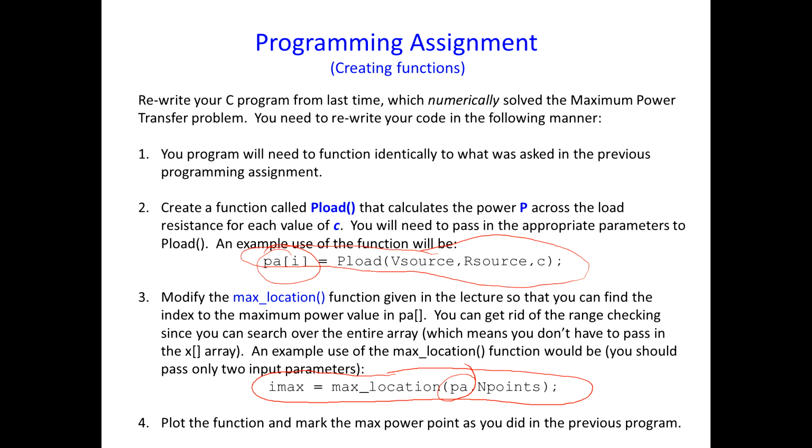The only thing you have to do is rewrite your code so that you use this function call for computing the power, and then create a new function that will find the maximum location in terms of the index. That index will go back in here, and your array at this index location will be the maximum power.